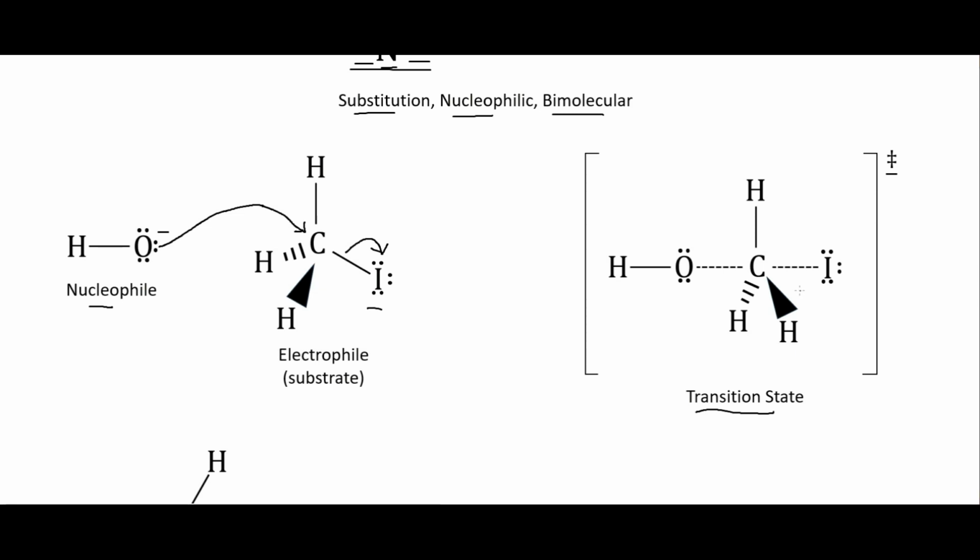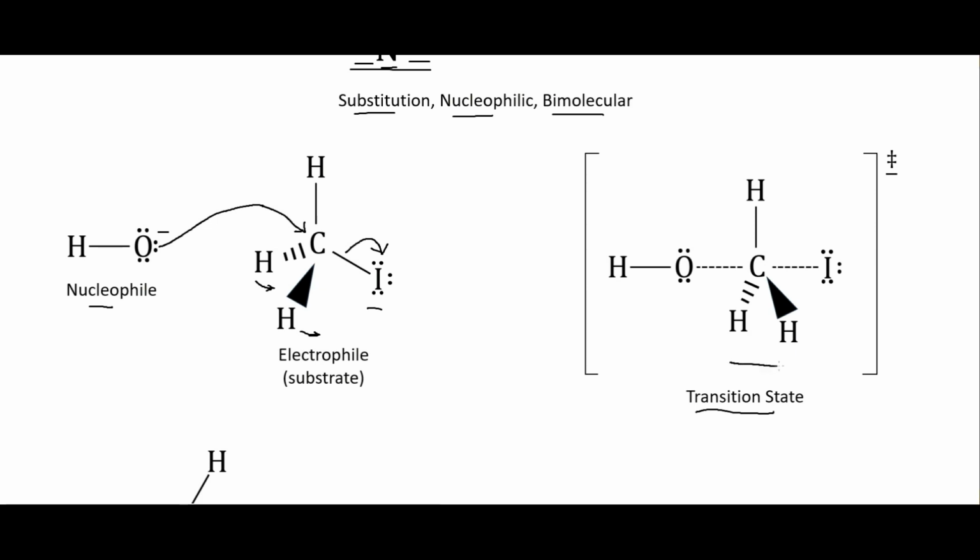We end up with this transition state that has trigonal bipyramidal geometry right here, where I've had these hydrogens move down a bit.